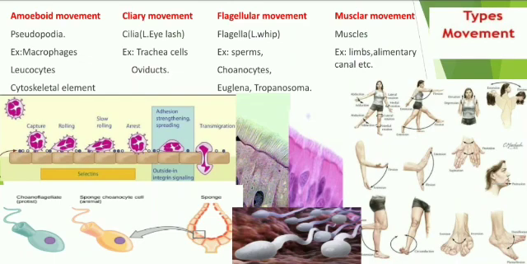Those are amoeboid, ciliary movement, flagellary movement, and muscular movement. On which basis have they done these four types of classification? Based on locomotory organs.